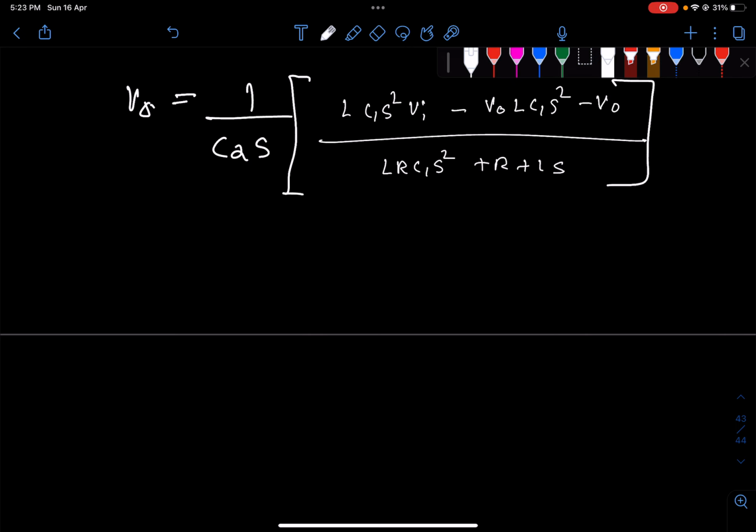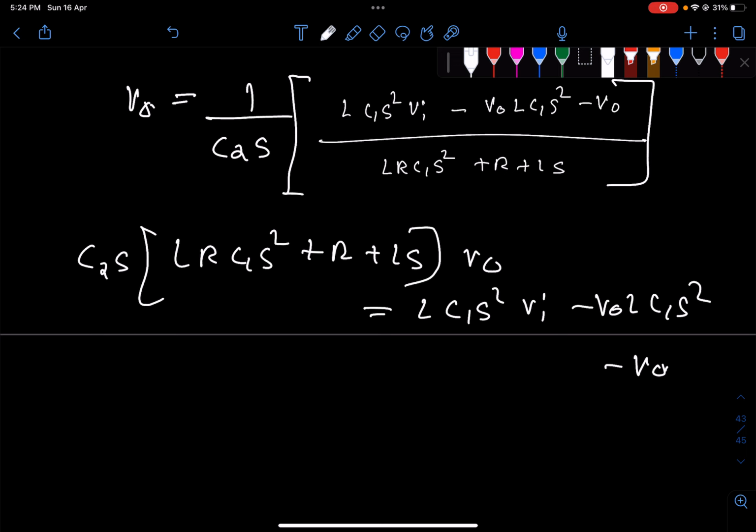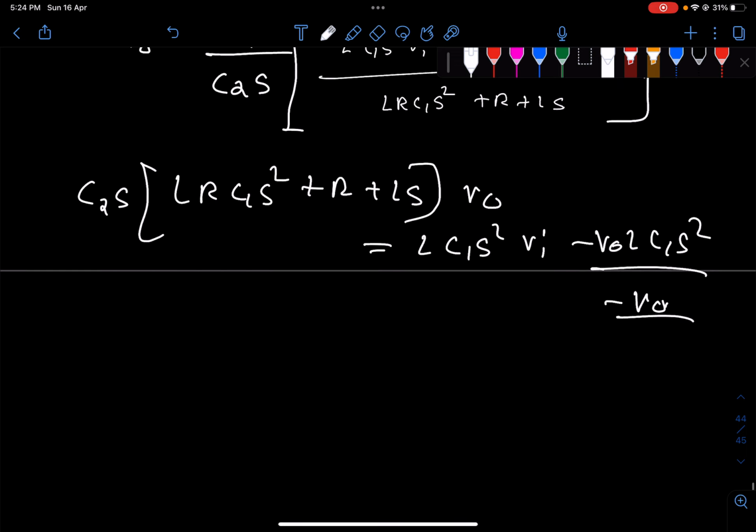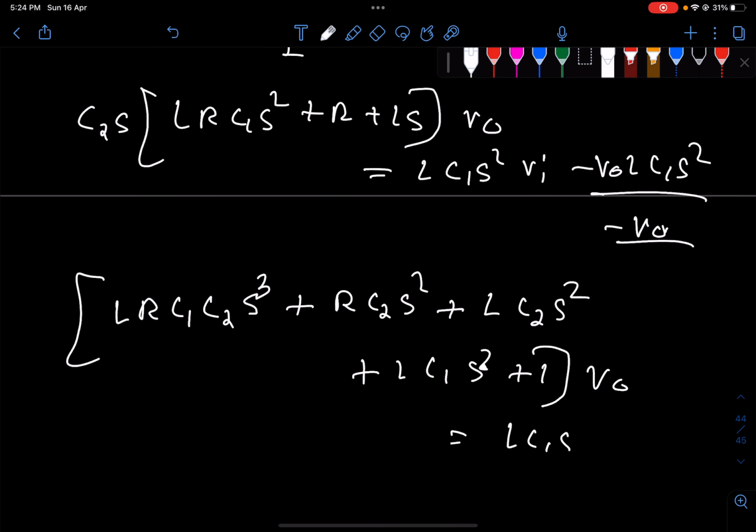You can group it. So C2S multiplied by LR C1S square plus R plus LS. V0 will give you L C1S square VI minus V0 L C1 S square minus V0. So these are all the V0 terms, right? So LR C1 C2 S cube plus R C2 S square plus L C2 S square plus L C1 S square plus 1 times V0 equal to L C1 S square VI.